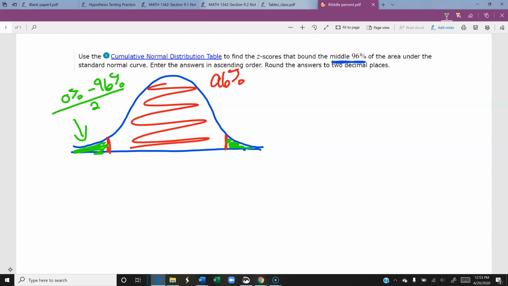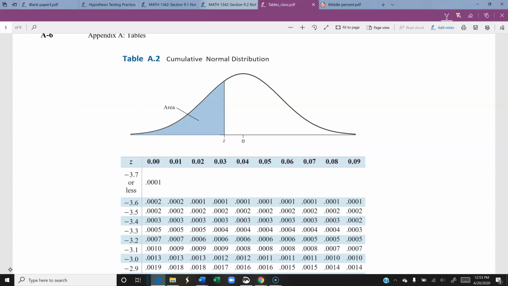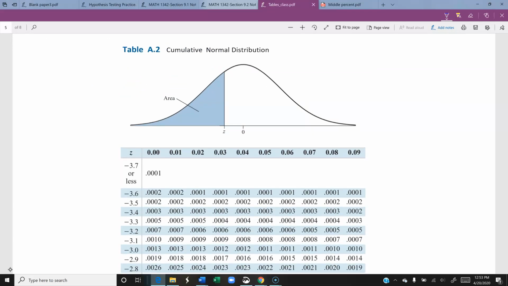So I know that this side right here is going to have 2%. Well, that is 0.0200. I'm given the percentage and I'm wanting to find the z-score. So what I'm going to do is I'm going to go over to the cumulative normal distribution table, table A2, and so you'll see, cumulative normal distribution table.